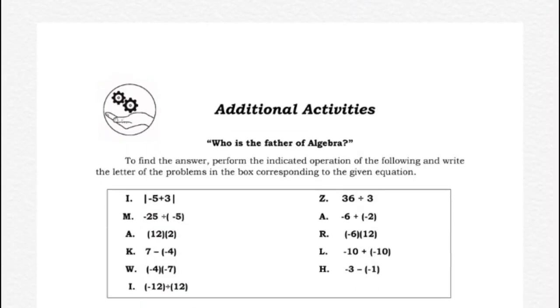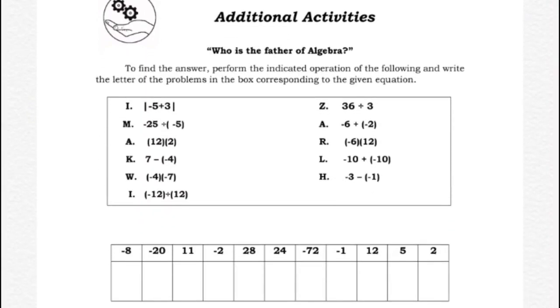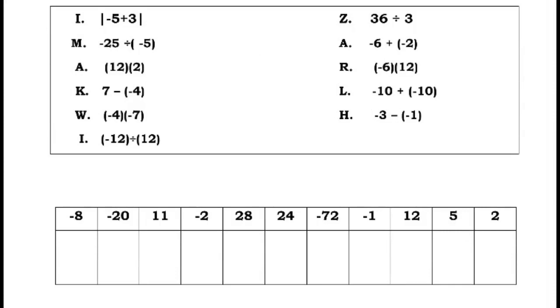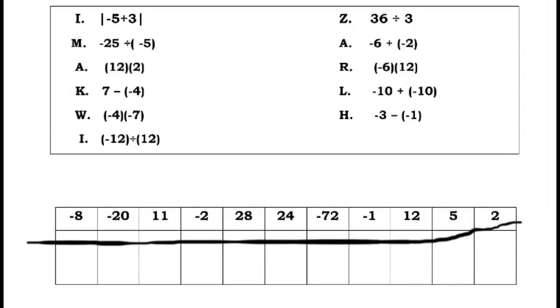We still have additional activities. Who is the father of algebra? So to find the answer, perform the indicated operation of the following and write the letter of the problems in the box corresponding to the given equation. So the numbers above here are the answers.